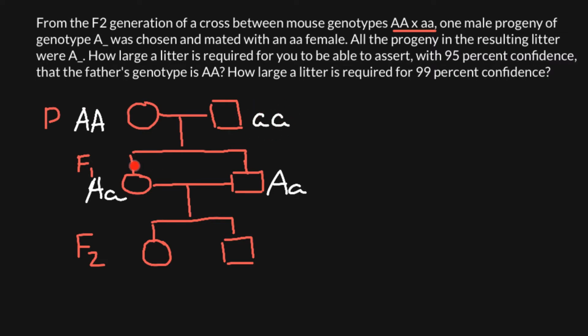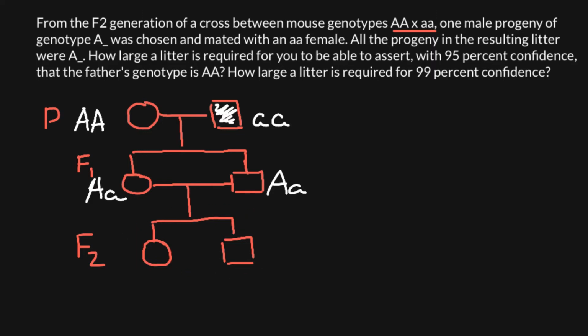So with 100% confidence we can say that all of the F1 generation are going to be heterozygous carriers. In the parental generation this genotype would produce the affected phenotype, but in the F1 generation 100% would have the same phenotype as the female parent in the parental generation, so normal.